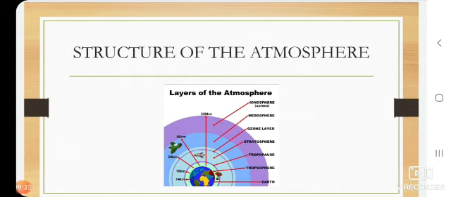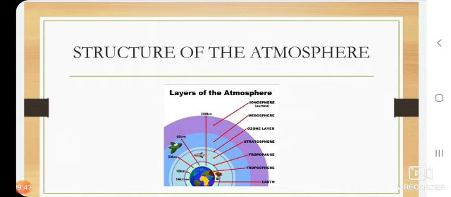What are ions? Ions are nothing but electrically charged particles. And the ionosphere reflects the radio waves back to the Earth's surface, making radio communication possible.